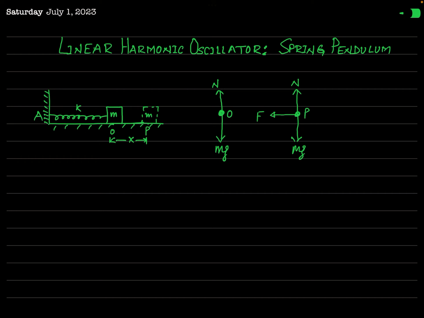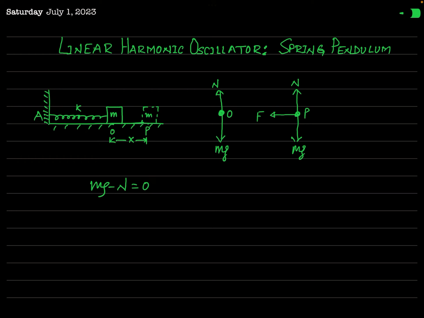The force of gravity mg acts vertically downward, and the normal force due to the surface acts vertically upward. The block will be in equilibrium because the net force, mg minus N, is equal to 0. So this point O is the equilibrium position of the block.